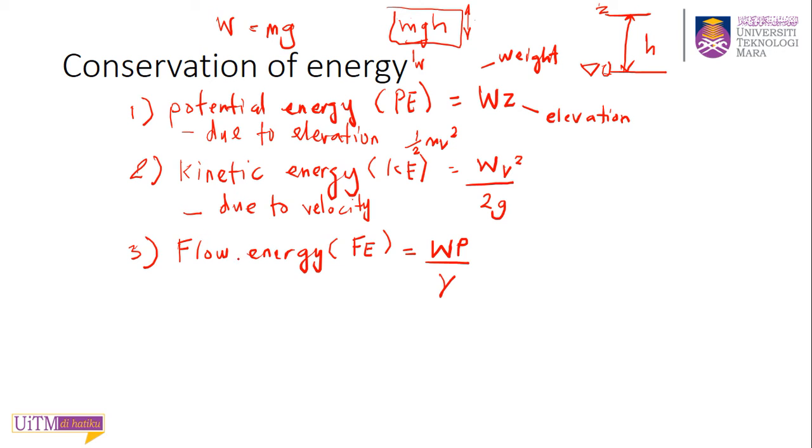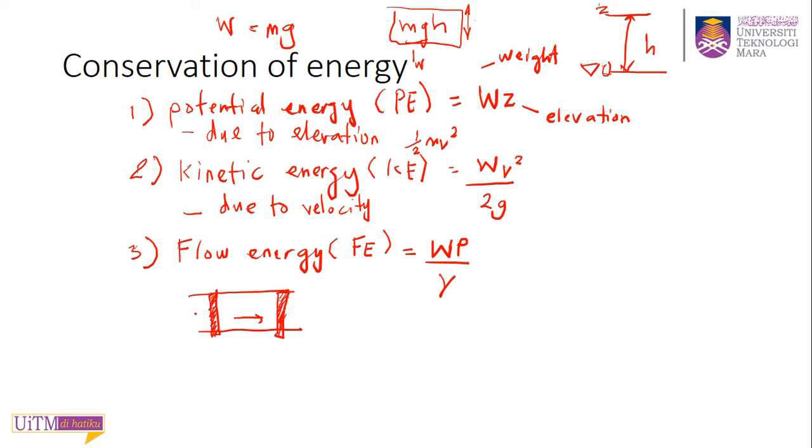So what does it mean by flow energy? It is the amount of energy, let's say in this pipe, to move from one point to another point here. This is what we define as flow energy.